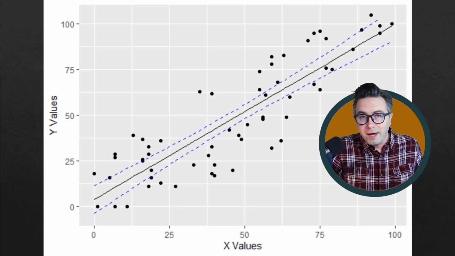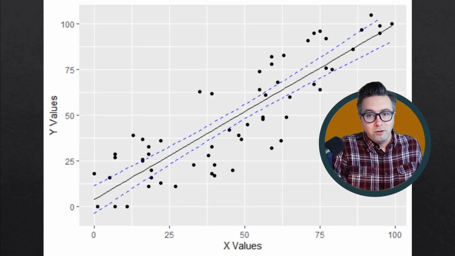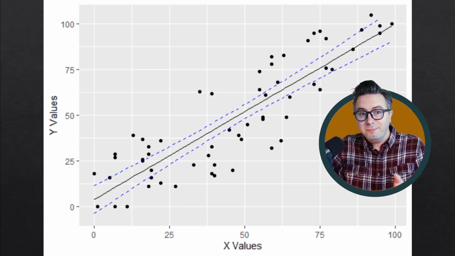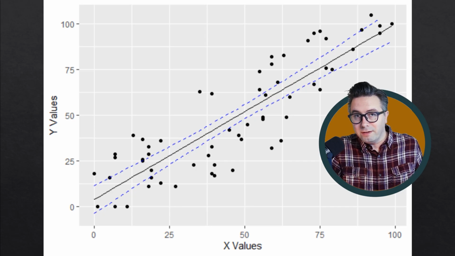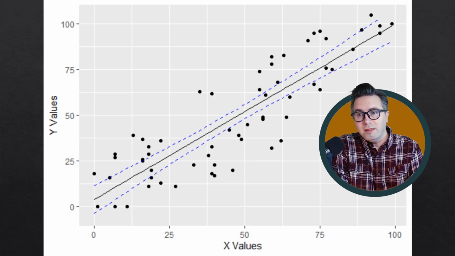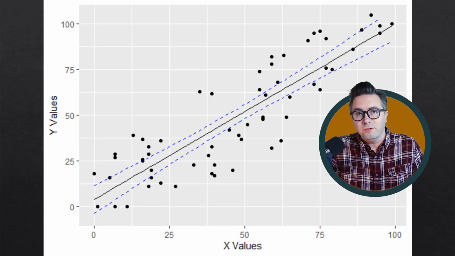Now, we wouldn't expect the population model to go through every single point exactly, because our sample doesn't have it going through every single point exactly. And that's okay.